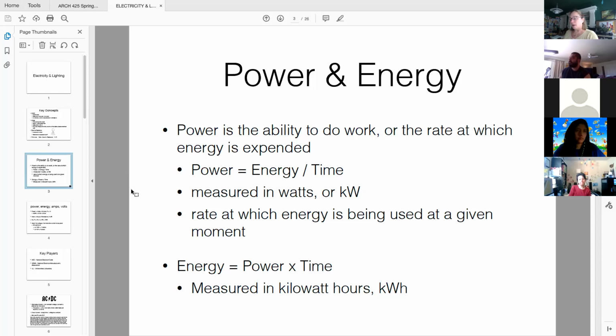So when you look at an electrical bill from SDG&E, or LA Power and Water, we get billed per kilowatt hour because that's the actual consumption of how much we are using. And in order to quantify that, that's where the time frame comes in.